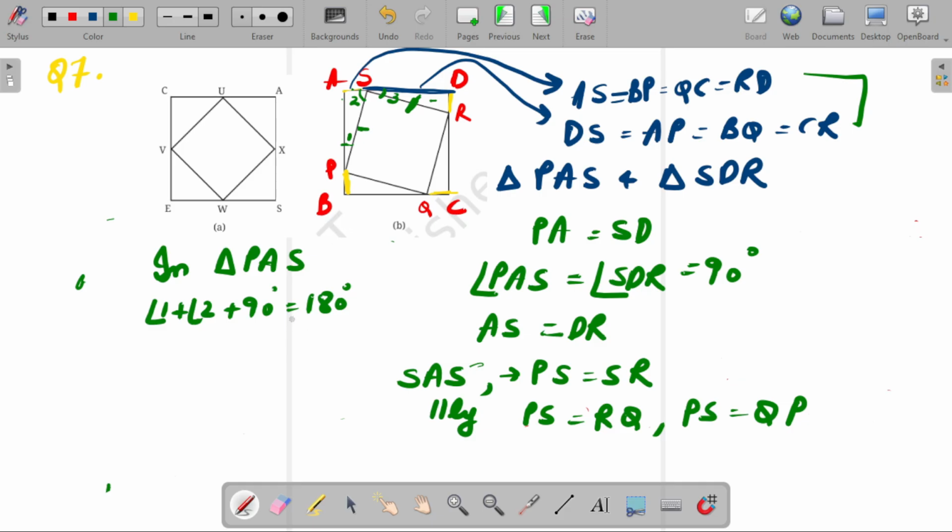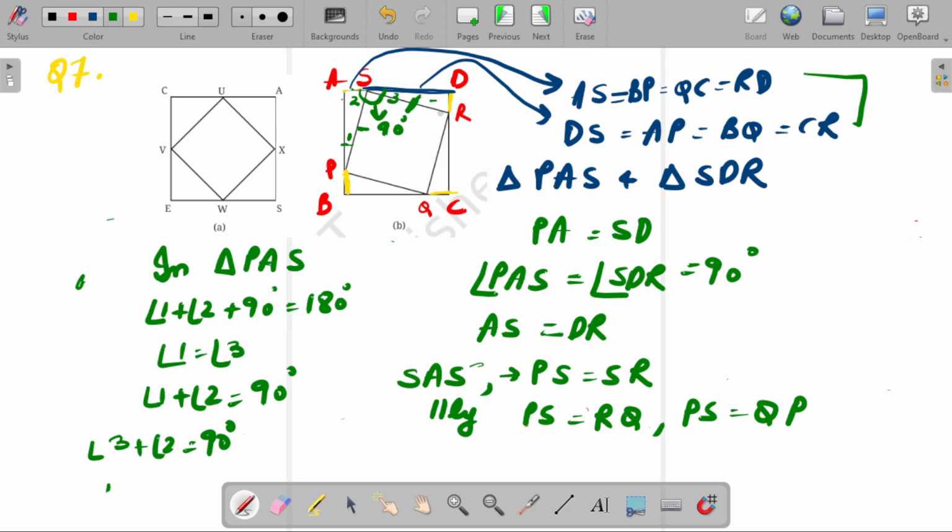As we have proved both the triangles congruent to each other, angle 1 and angle 3 are equal by CPCT. So if angle 1 plus angle 2 is 90, then angle 3 plus angle 2 is also 90 degrees. If angle 3 and angle 2 are 90, we can easily figure out this angle, and this is also 90 degrees by using the linear pair.